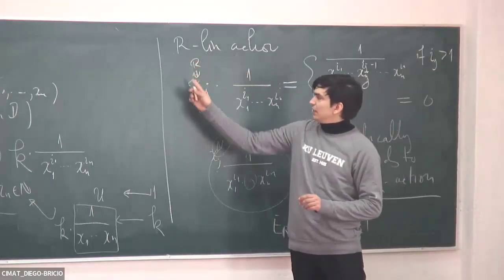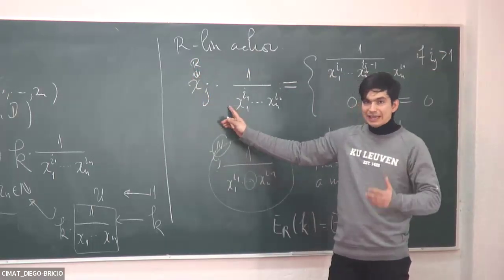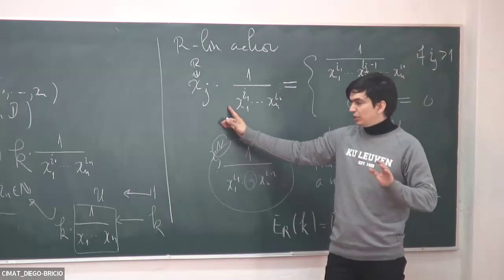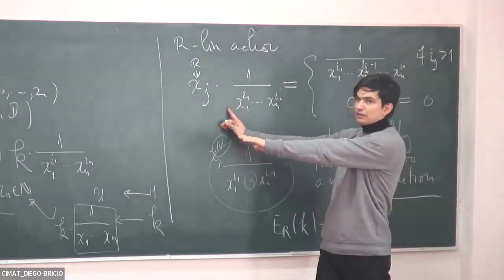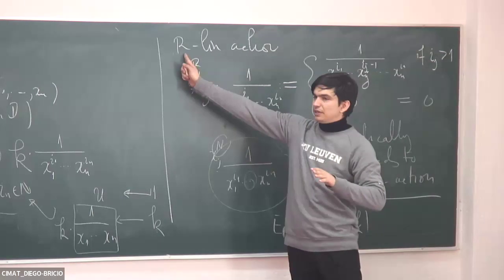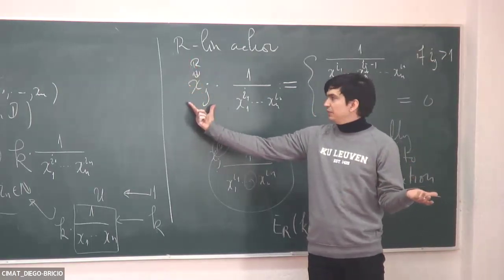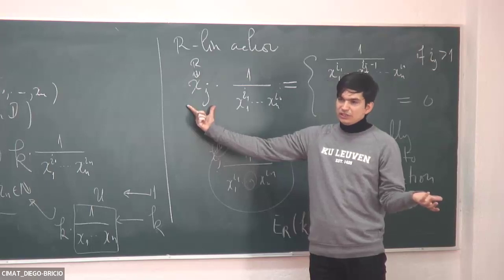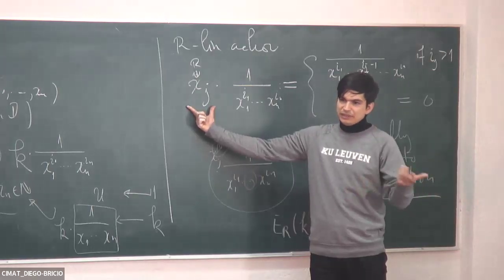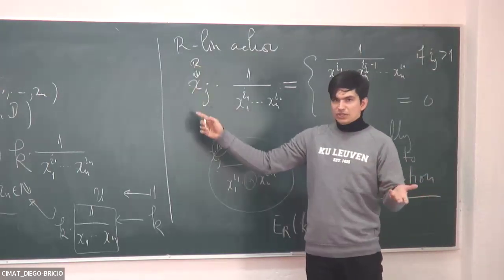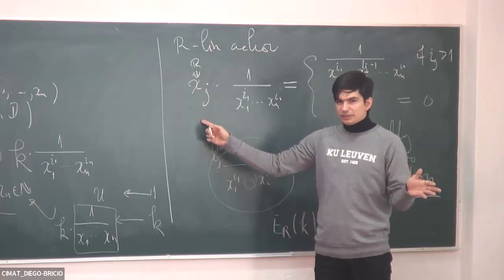So there will be an R module structure on E. As I define it, E is just a K vector space. That's the only structure I gave it by writing it down like that. Now I'm telling you that there is an R linear action which is given by that. So here it suffices to say what is the action of xj, and you extend by linearity and compositions and so on. And it's just this.